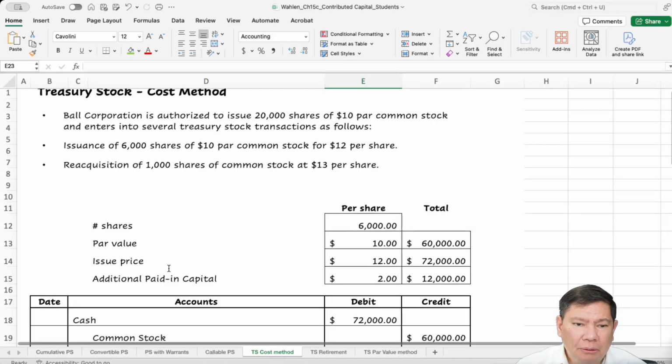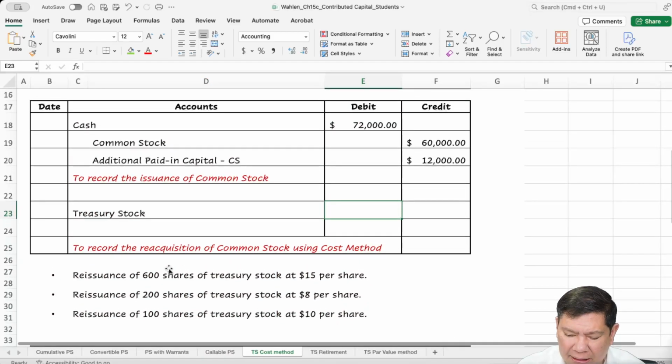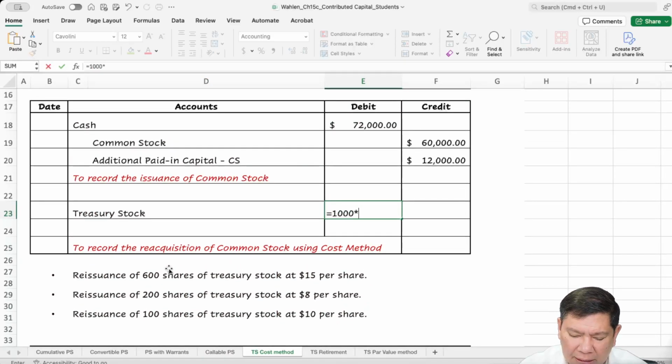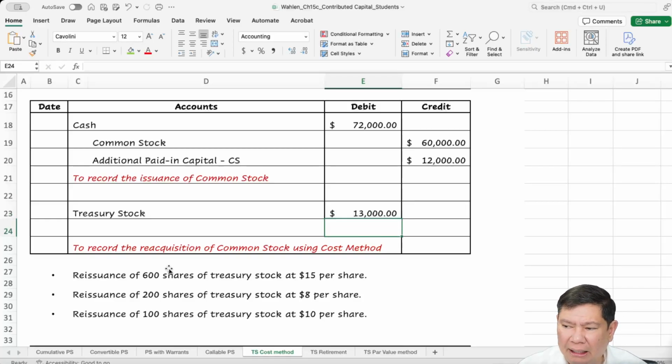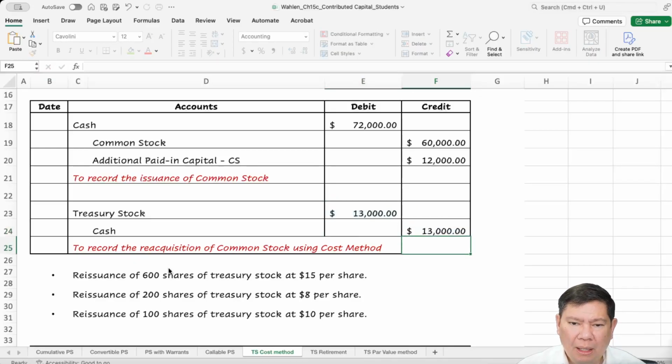So they buy 1,000 at 13, so $13,000, and they paid cash to the stockholders. Now they have $13,000 of treasury stock as a reduction of the equity. It's reported under the equity, but the amount is negative.